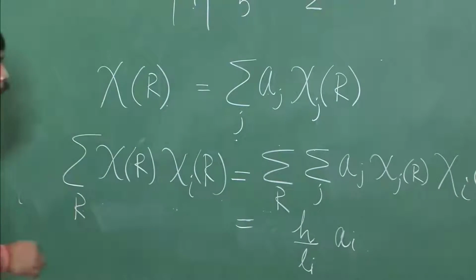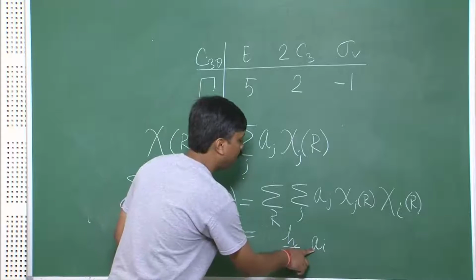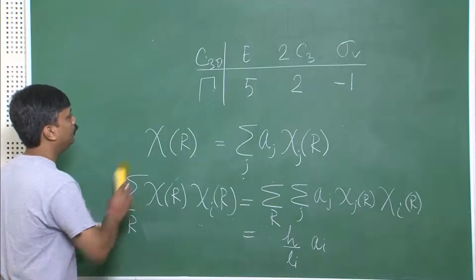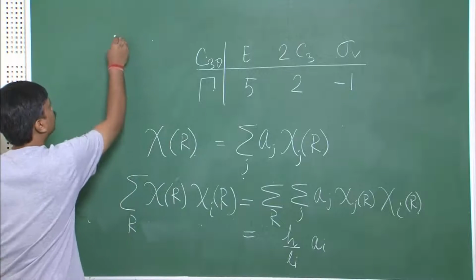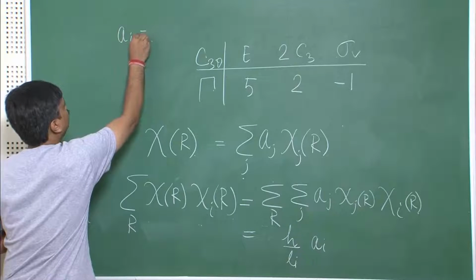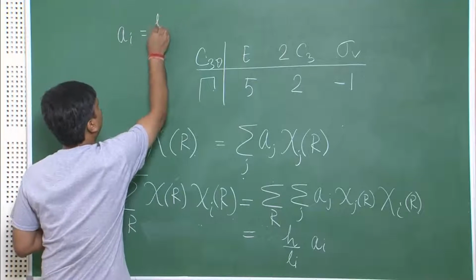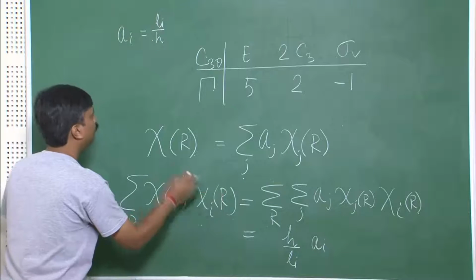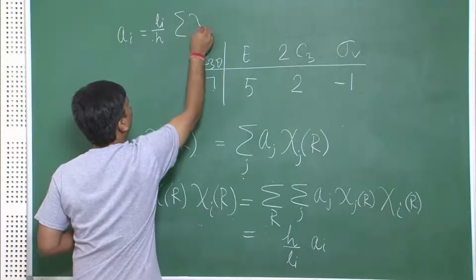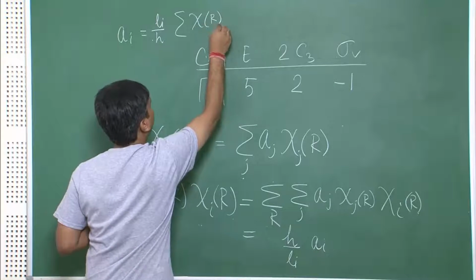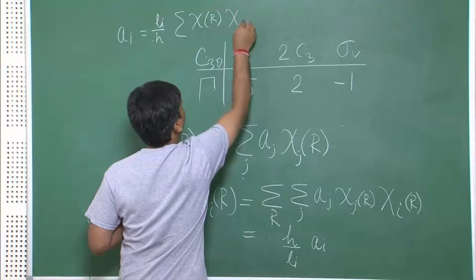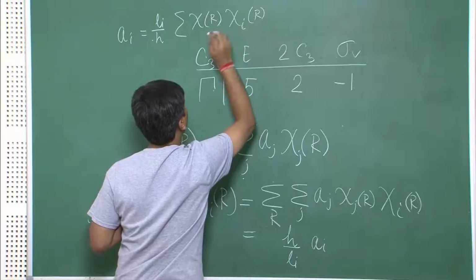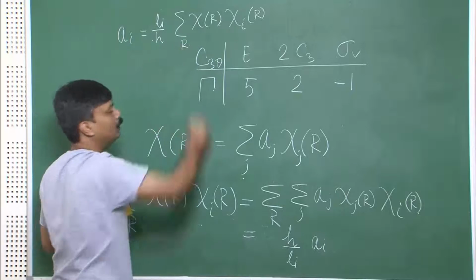Okay. So now if I look at this Ai, then Ai equals li by h, order of the group, into chi of R, into chi of R for the ith irreducible representation, and summed over all the symmetry operations.